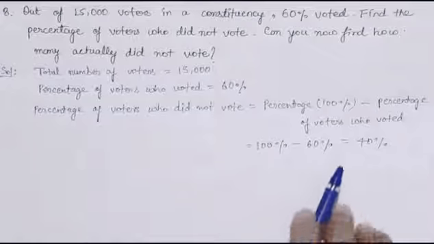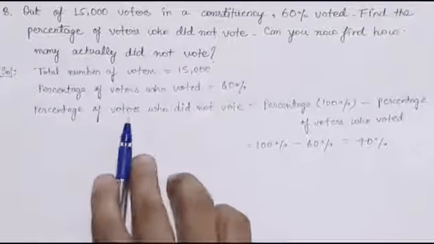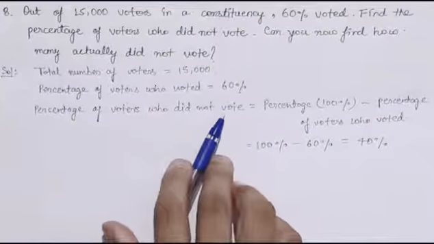It means 40% of voters are those who did not vote.